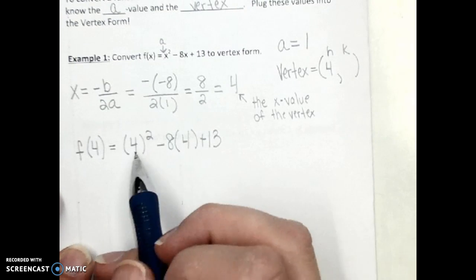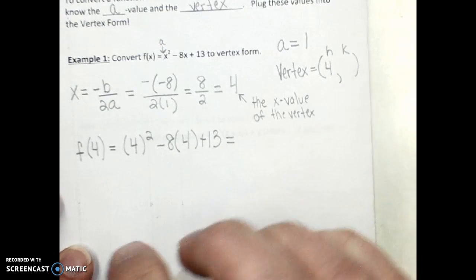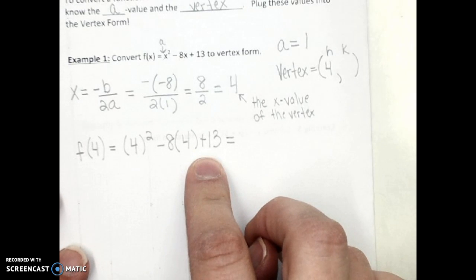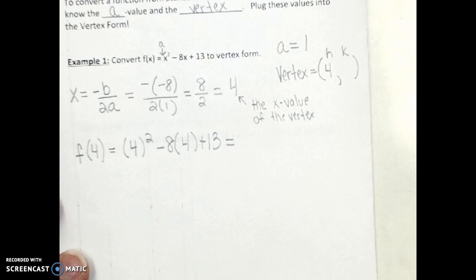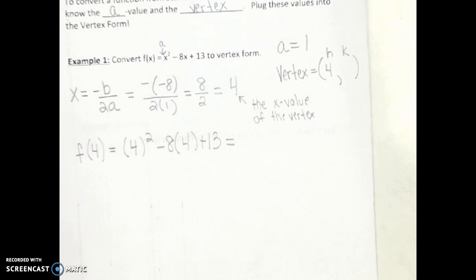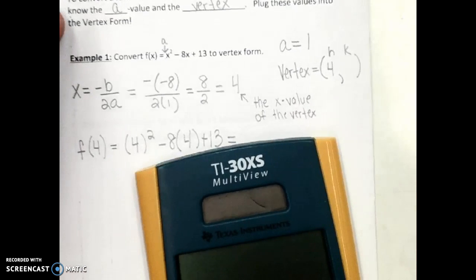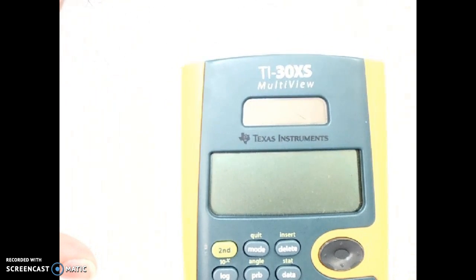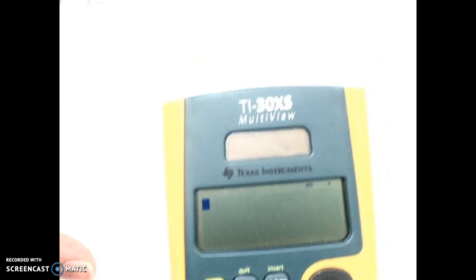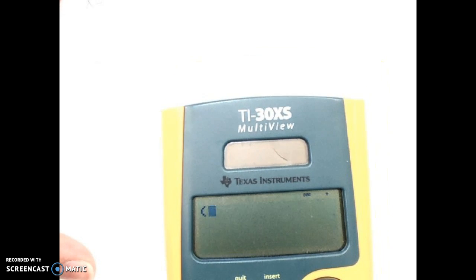Now when I work this out, I can type this in my calculator, that's fine. Or I can do it step by step following my order of operations. So let me type this in the calculator just to make sure that you see how to do this. You have parentheses 4 squared minus 8 times 4 plus 13.